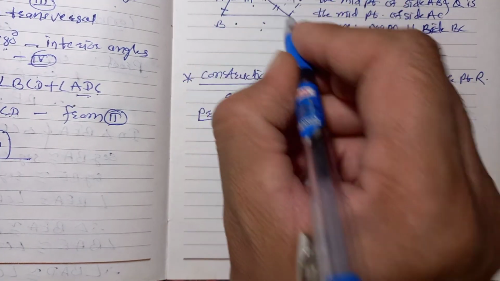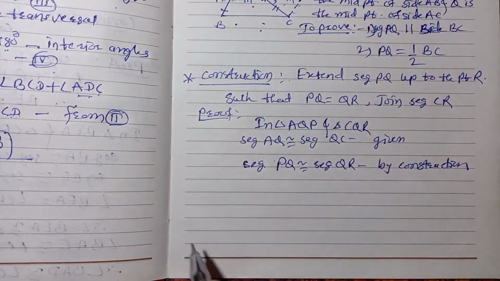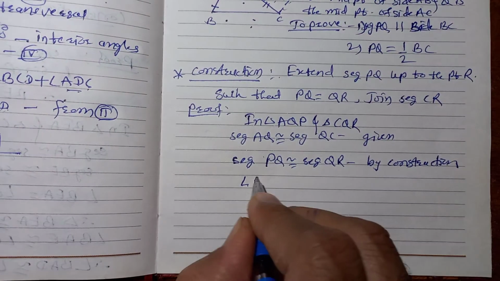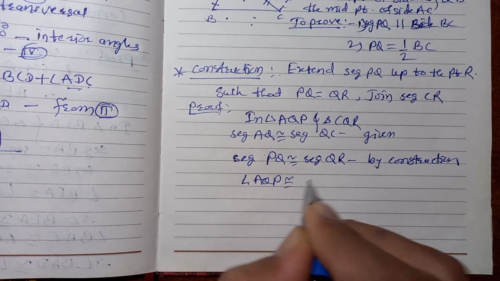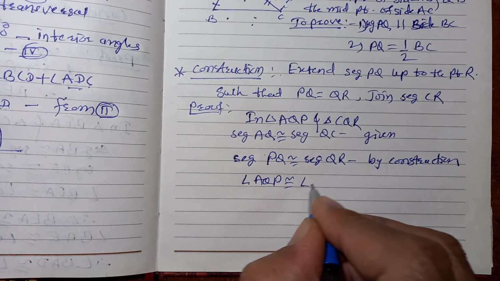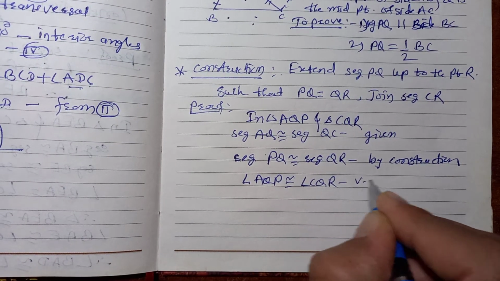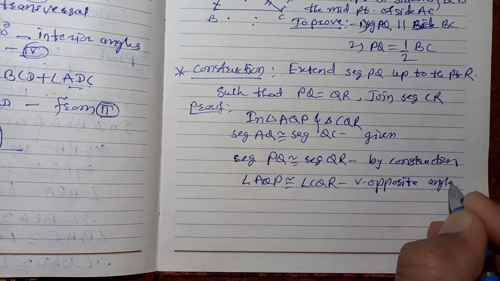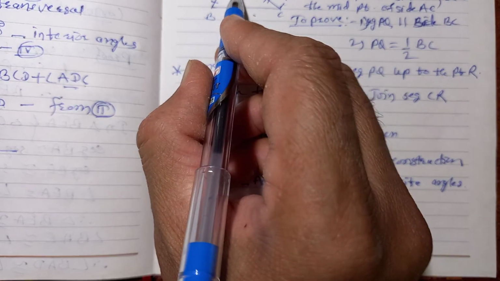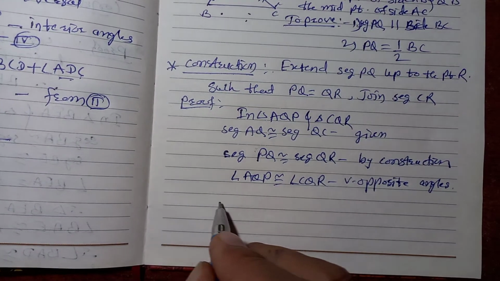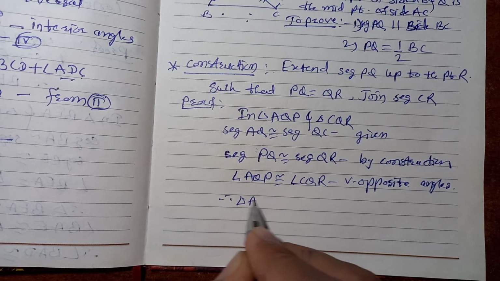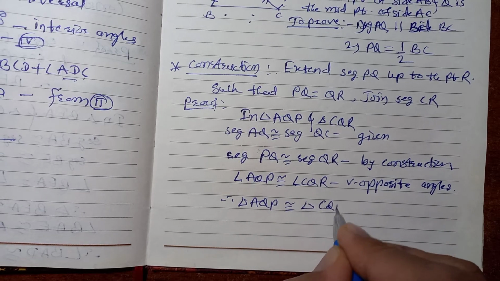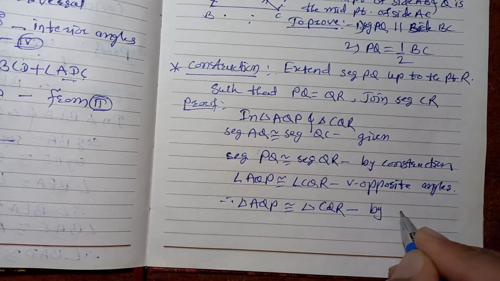And this angle congruent, can you say these two angles are congruent? See, by what reason? Angle AQP is congruent to angle CQR. Here vertically opposite angles. So see, this side and one included angle. We shown the congruent. So can we say this triangle AQP is congruent to triangle CQR by which test?